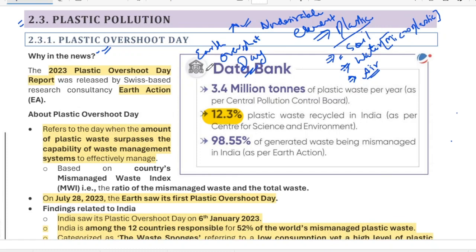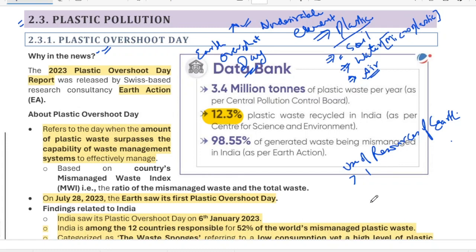Earth Overshoot Day is a concept where the use of the resources of Earth becomes greater than all the resources that can be produced by Earth within a year.